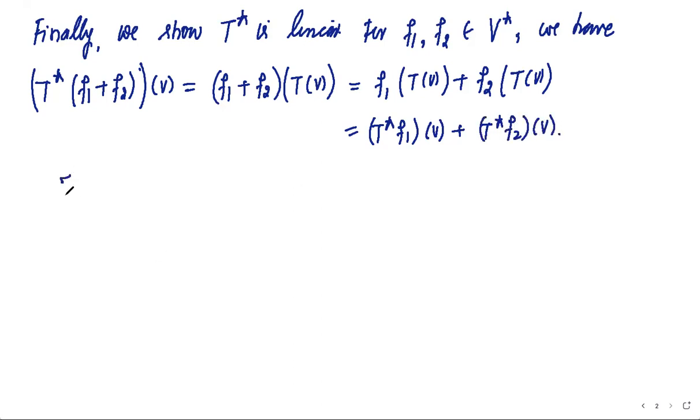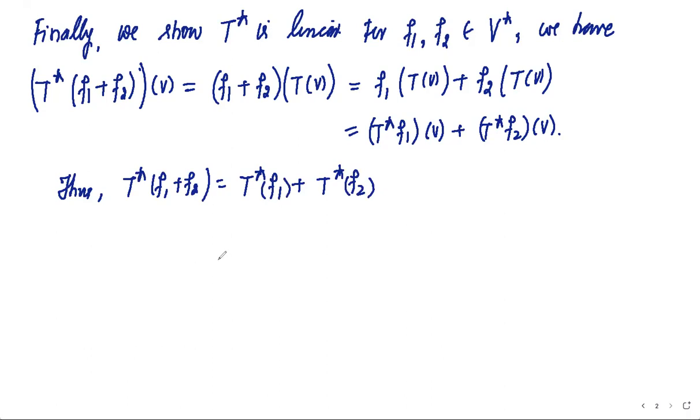So thus we have shown that T star of f1 plus f2 is equal to T star of f1 plus T star of f2. So therefore, this T star is linear over the vectors.